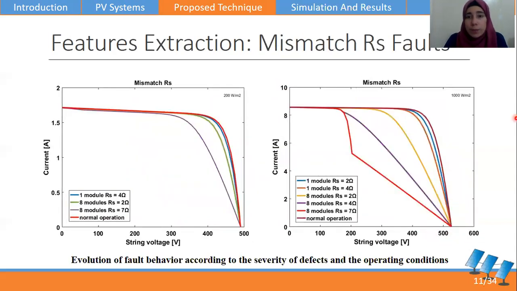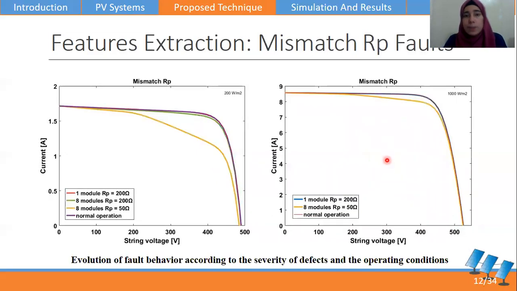In the case of mismatch R_s fault, the I_sc is unchanged, and the same for the V_oc. As R_s increases, the faults become more severe, and there is an appearance of an inflection. For mismatch R_p fault, the I_sc is unchanged, and as R_p decreases, the faults become more severe and the V_oc decreases.